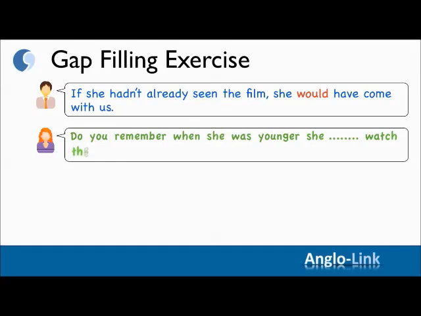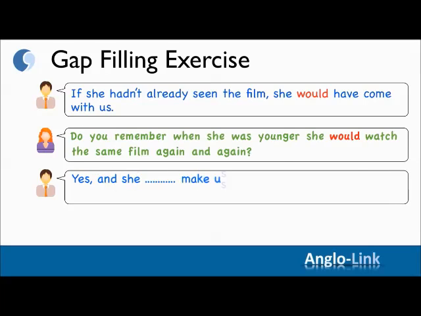Do you remember when she was younger, she watched the same film again and again? She would watch the same film again and again. Yes, and she make us watch them with her.